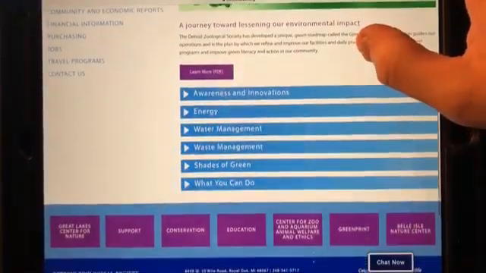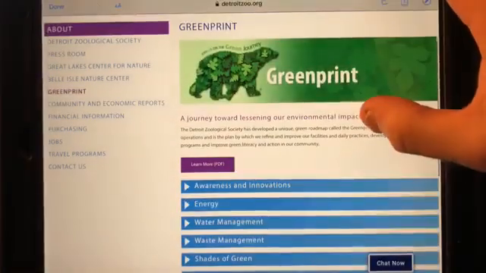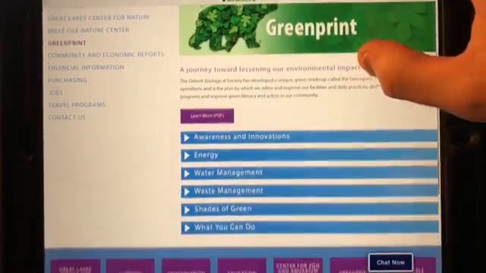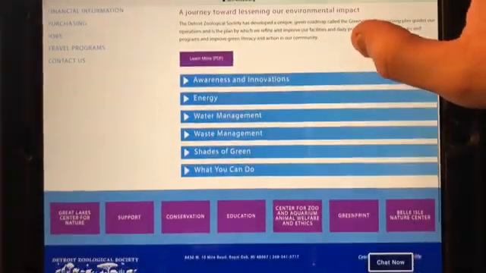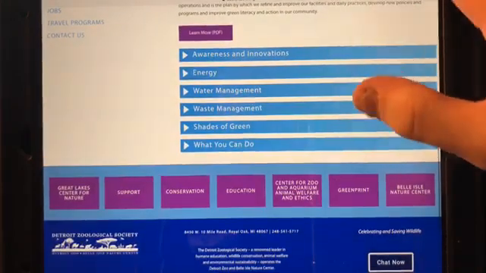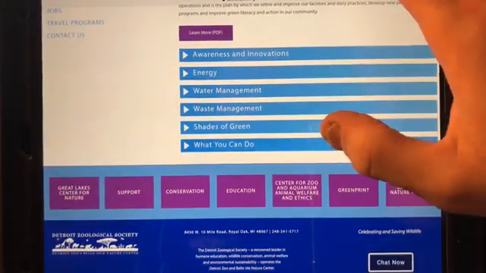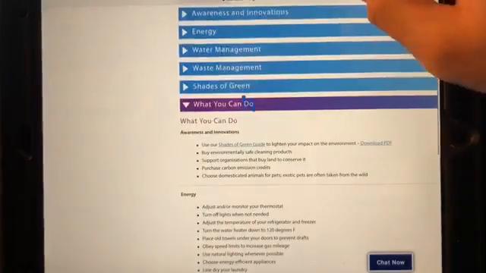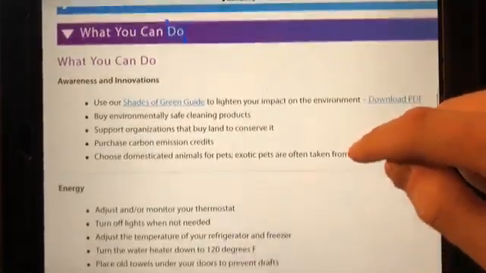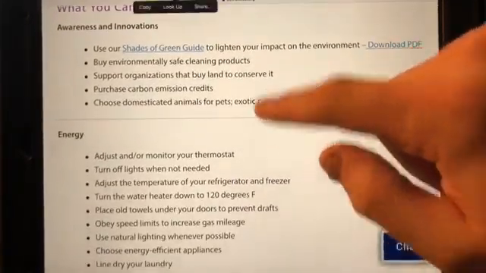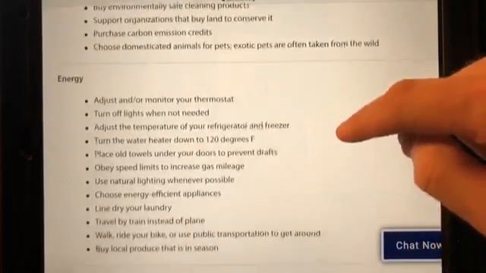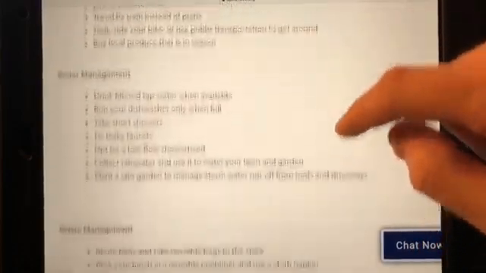And if you go to our website, you can find our green print, which describes actions that we're taking at the Detroit Zoo and Belle Isle Nature Center to minimize our impact. And you can also learn what you can do. There are some tips here. We have a guide called the Shades of Green Guide, as well as a list of some things you can do to responsibly use energy, water, and other things.